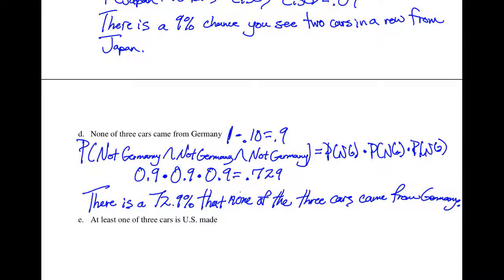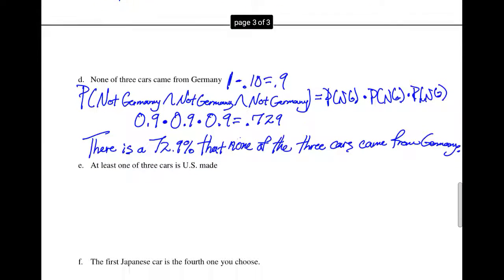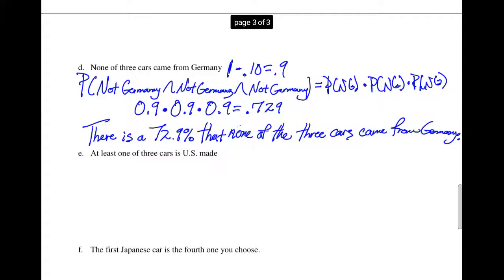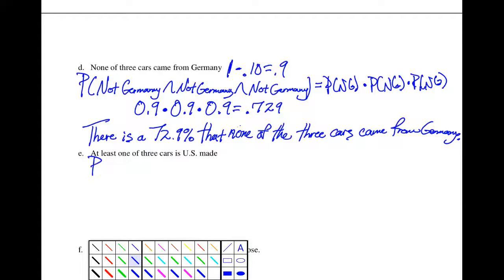Transitioning to part E. Part E asks, find the probability that at least one of 3 cars is US made. So we're going to write that out as the probability of at least one US made out of 3, of course. And in this situation, we're going to use both the complement rule and the multiplication rule that was mentioned earlier.